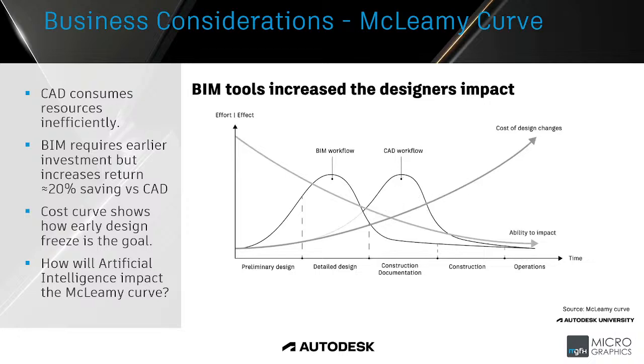And of course, for work done, there is a monetary requirement. So based on a traditional CAD workflow, the amount of money that is spent happens during the construction documentation. That's where the cash flow becomes important.